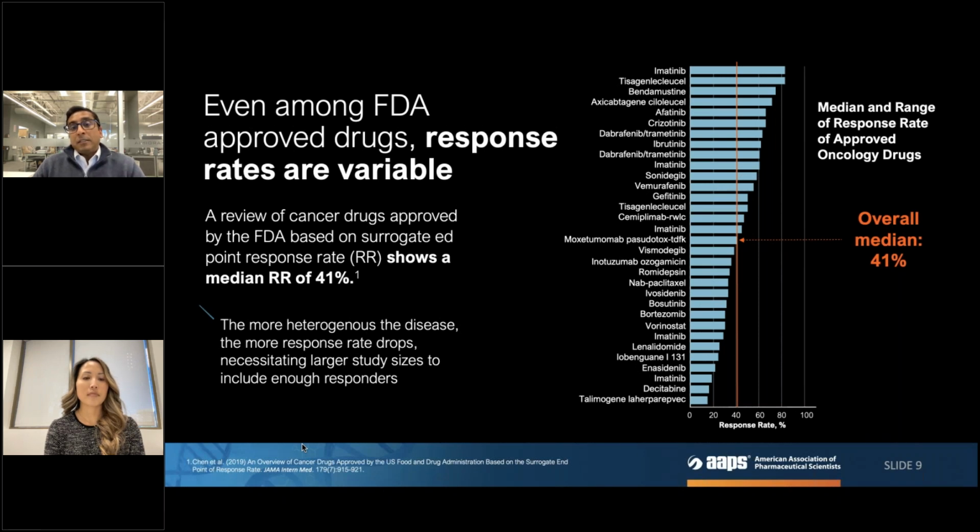What we're finding is that across multiple clinical studies for the same agent, the more heterogeneous the underlying disease, the more the response rate drops, and ultimately this necessitates larger study sizes that include enough responders.